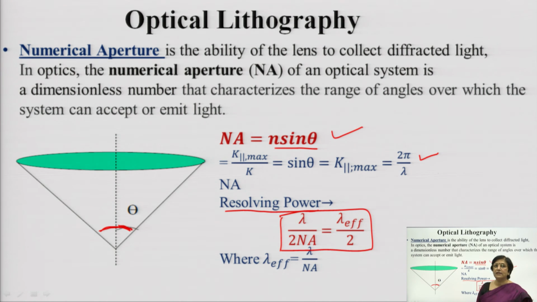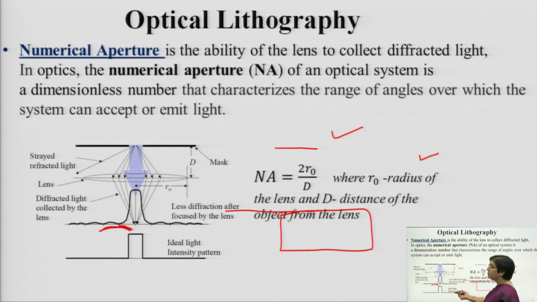Another way to understand the same thing is being explained over here. You are projecting the light, and this is the diffracted light getting collected, and the range over which the diffracted light can produce the pattern successfully onto the wafer, this is the ideal intensity, and this is the refracted light getting focused onto the wafer.